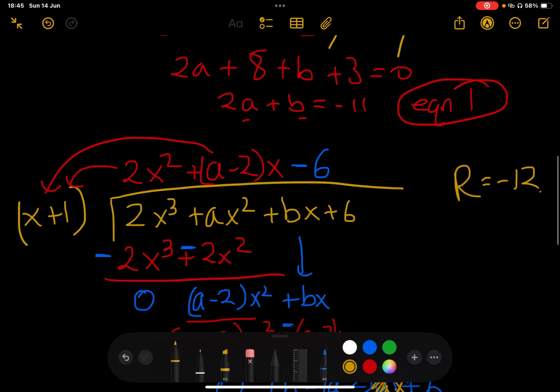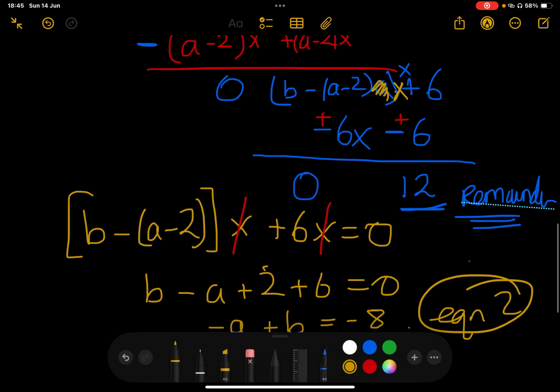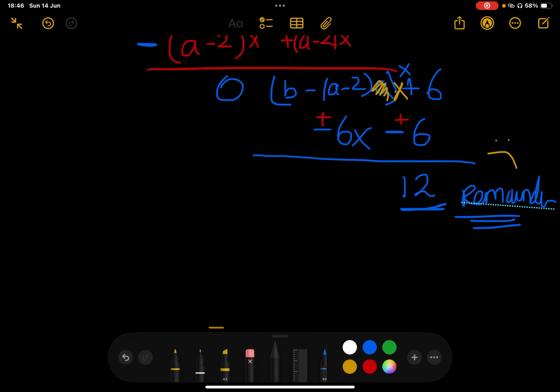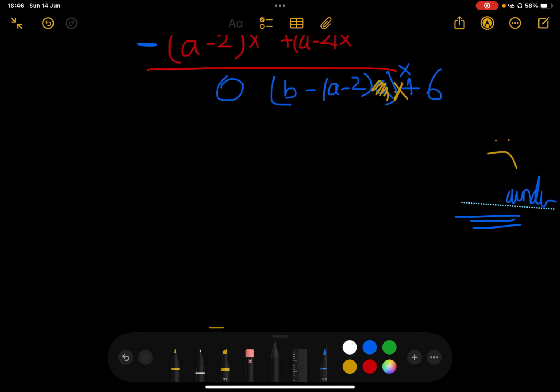Ooh, sorry, I made a mistake. The remainder should be minus 12. So here, this is wrong. So we have to redo this. Sorry. Goodbye, all you stuff. And also you. Delete. Okay.